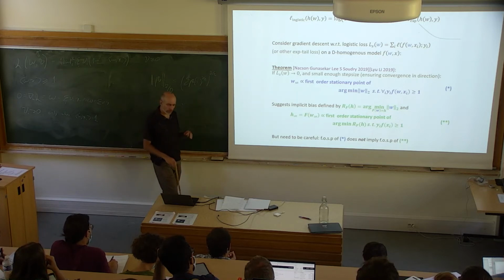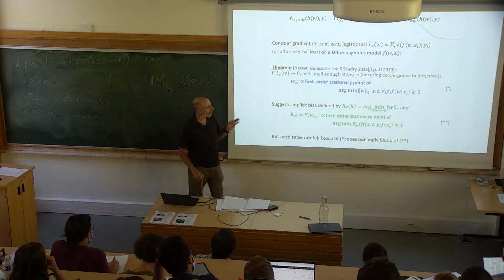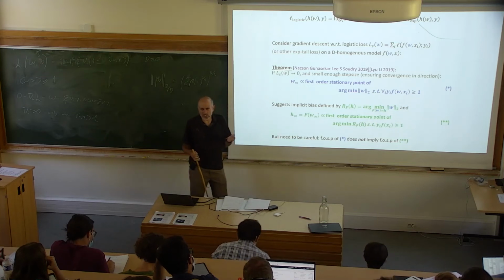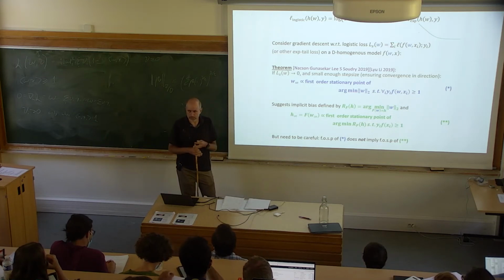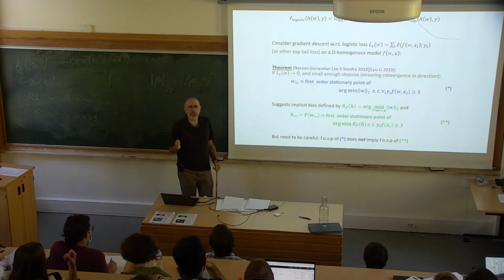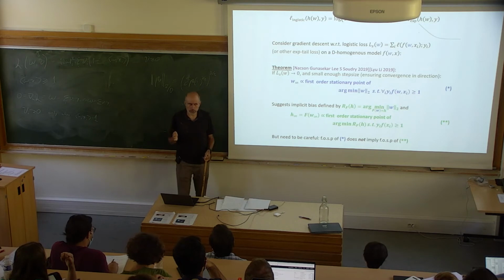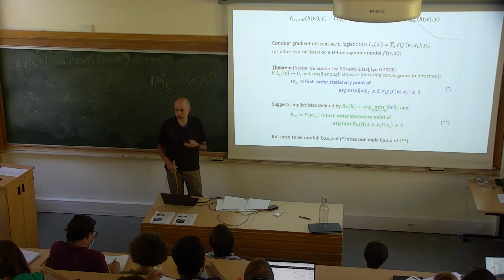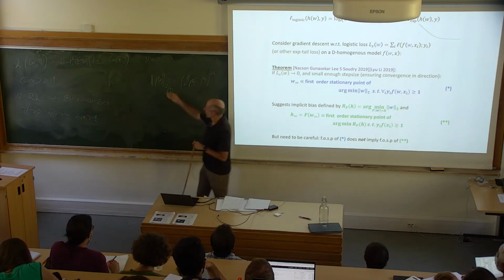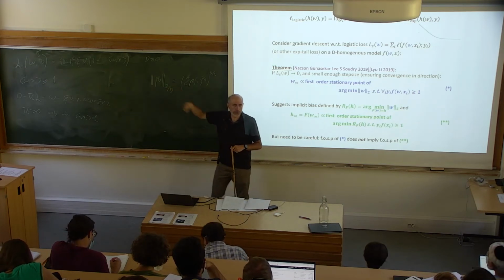Now this result holds for any initialization, right? I didn't care about the initialization here because anyway I'm going to go to infinity. And now what you should ask yourself is what's going on here with the kernel regime? We're getting something which is different than the kernel regime. We're getting this minimum L1 norm with depth 2, or minimum 2 over depth quasi-norm in higher depth.